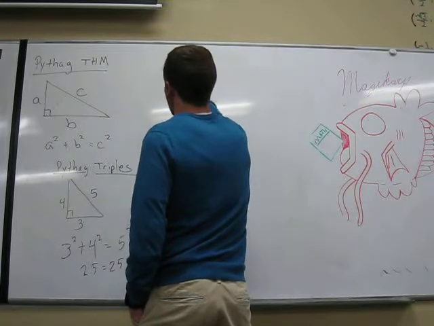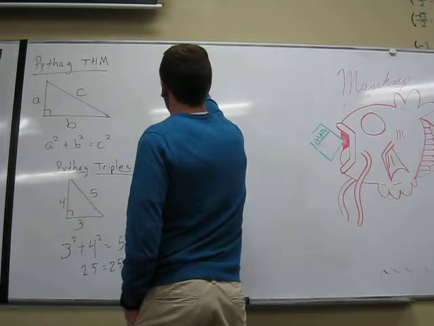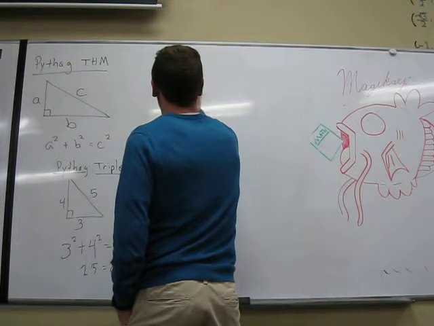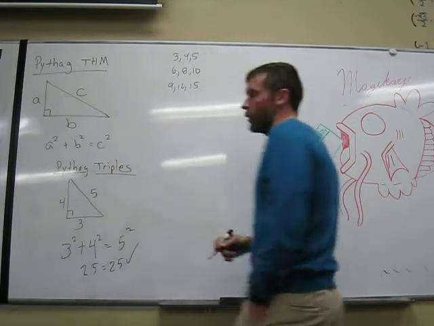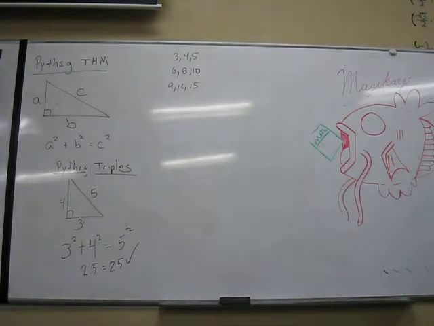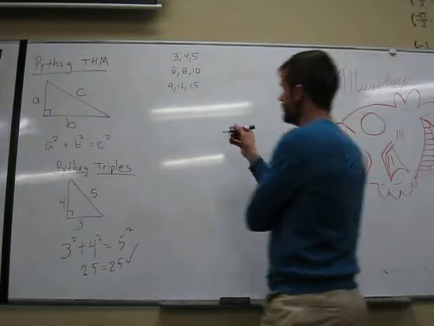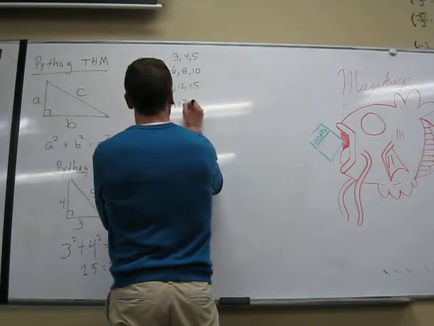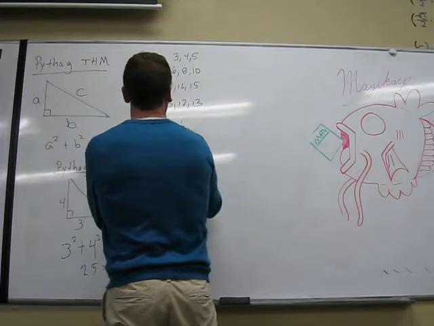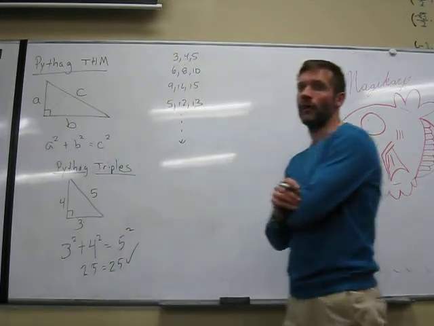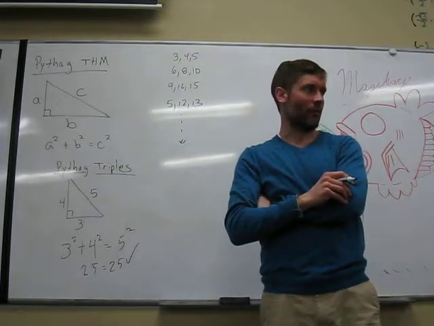And then if you multiplied it by 3, it would be a 9, 12, 15. Those are all Pythag triples. The other one that we see fairly often is a 5, 12, 13. I'll write that up here, 5, 12, 13. After that, there's an infinite amount of them, but you usually don't want to memorize many more than that.